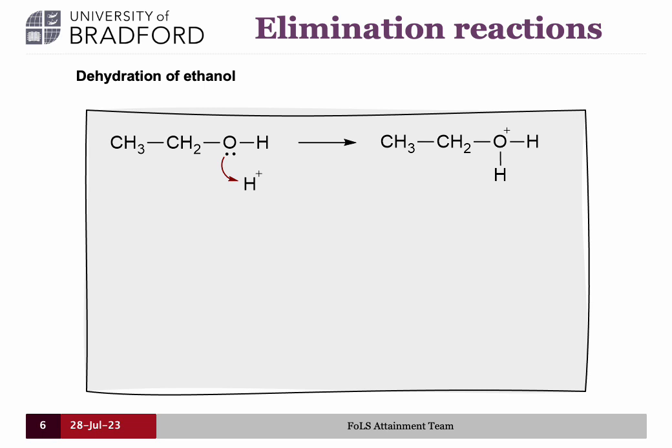This imparts a positive charge on the oxygen, causing an electron pair to move from the carbon-oxygen bond to reinstate the lone pair of electrons on oxygen, resulting in the loss of a water molecule from the ethanol molecule, but also forming an electrophilic center on the carbon atom.